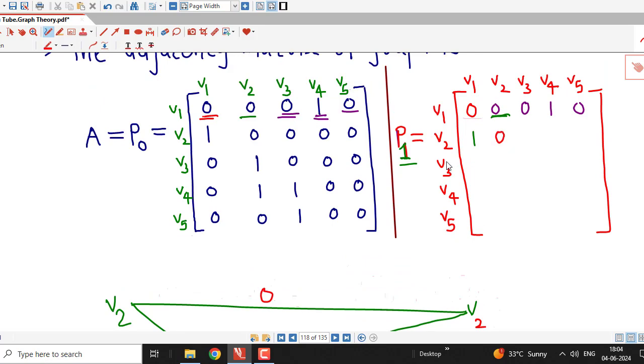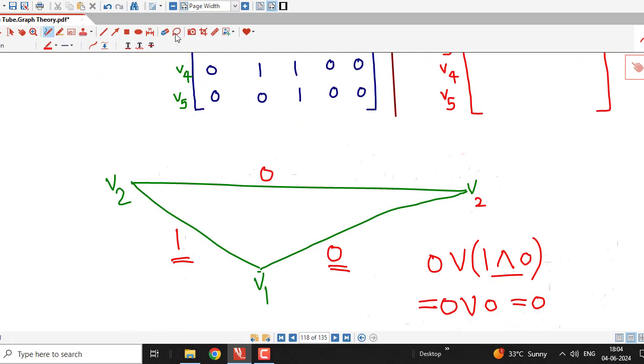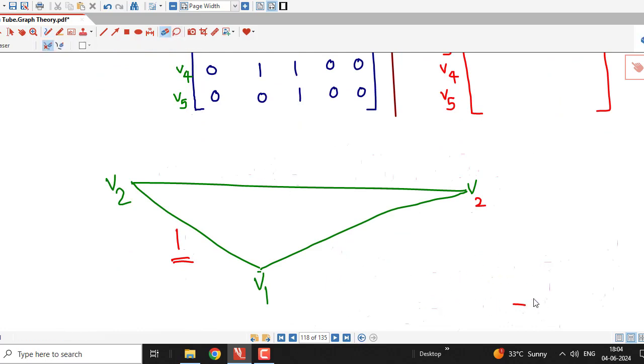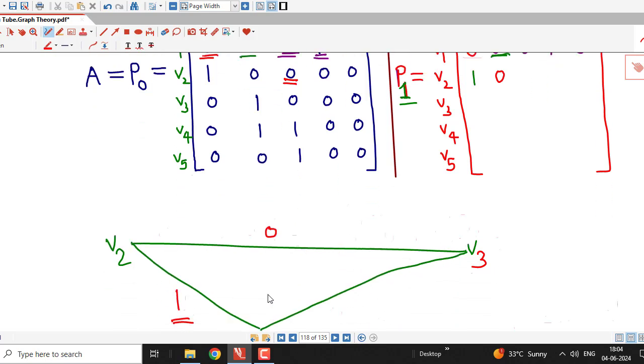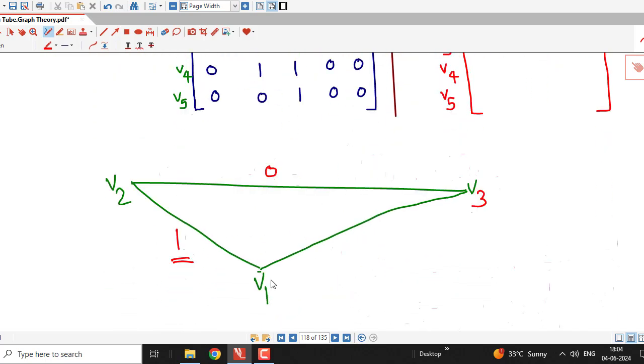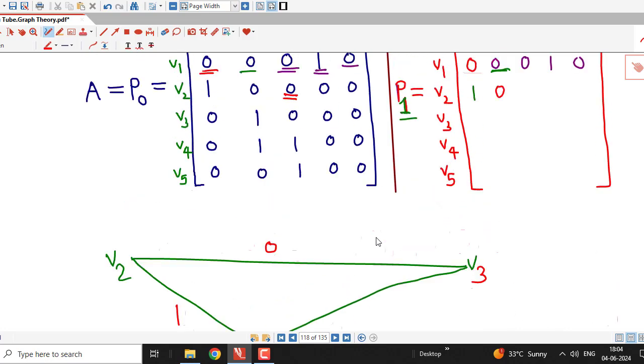This entry is 0. Now I am interested in the entry corresponding to V2 to V3. So now I am changing these two entries. Here I am writing V2 to V3, and from P0 I observe that the entry corresponding to V2 to V3 is 0, and here I have to write the entry from V1 to V3.